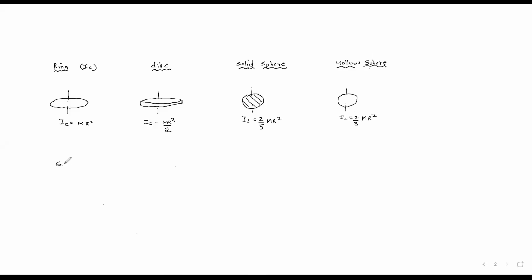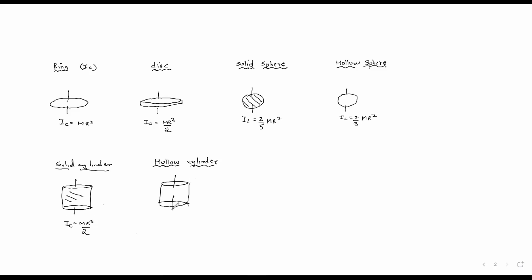Then we have a solid cylinder. A solid cylinder is like a disc; if we flatten it, it becomes a disc. A hollow cylinder is like a ring, so it will be m r square, mass into radius square. You should remember all these things, without them the work will not be done. Thin rod.